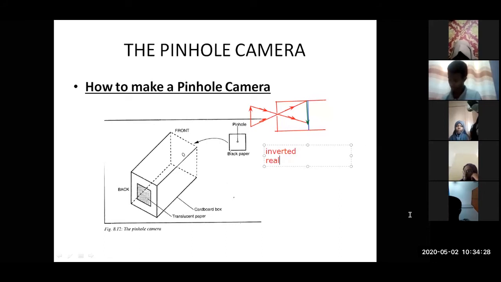Draw a ray diagram to show how a pinhole forms an image. Make sure that the rays intersect exactly at the pinhole, a small hole there.